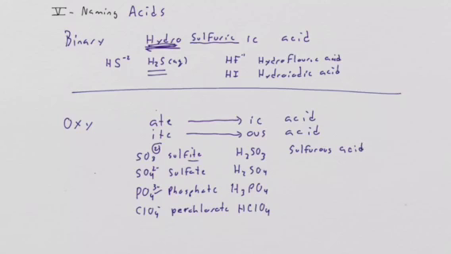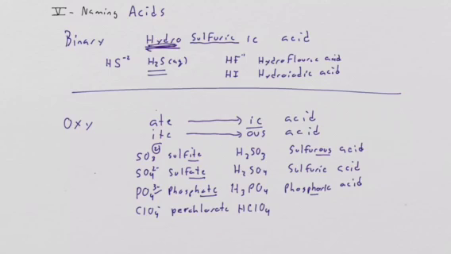And because it's ate, and ate becomes ic, this is going to be sulfuric acid. Since this is an ate, it's going to be ic. So this is going to be phosphoric acid. Again, don't ask me why they put the or back in there. They just do. All right.